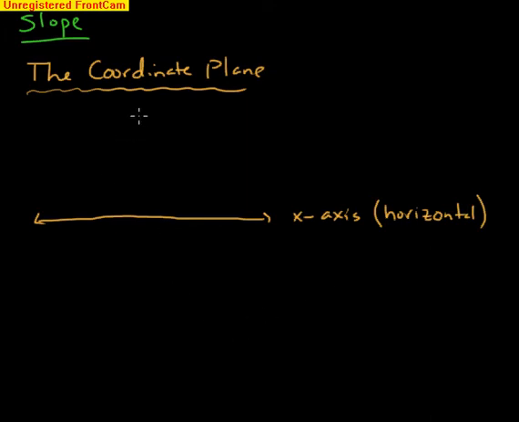The vertical axis that comes down through, this is of course the y-axis, and it's vertical. Okay, so there are our two axes. And again, they're just number lines. What we do is we put little marks on them to count our numbers with.